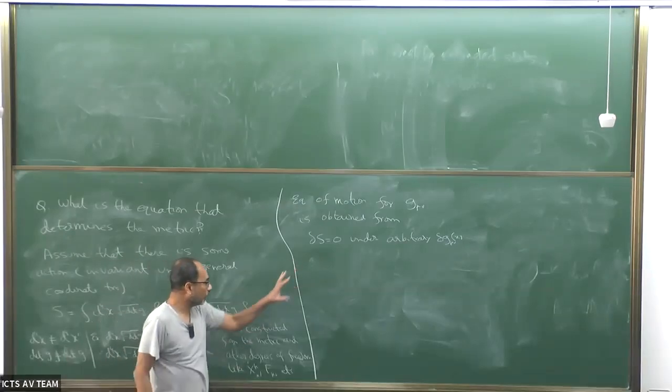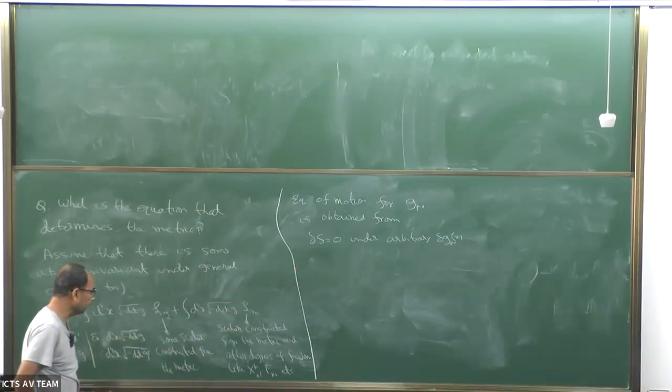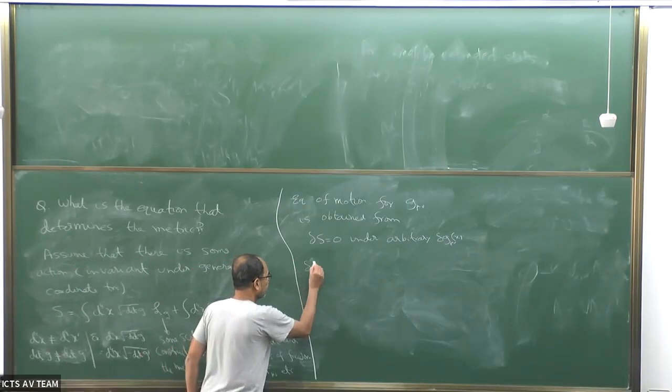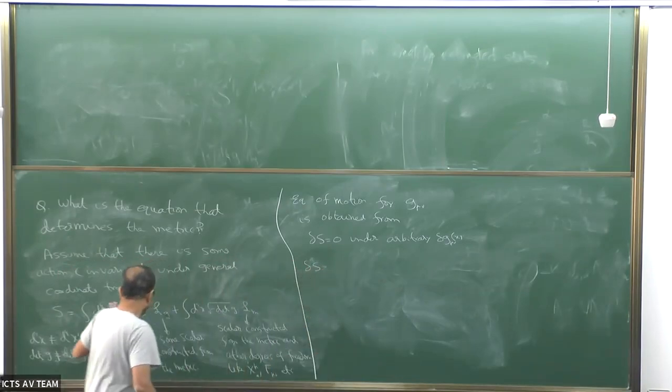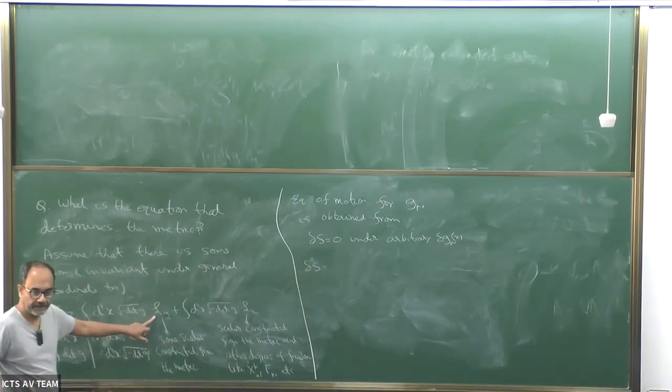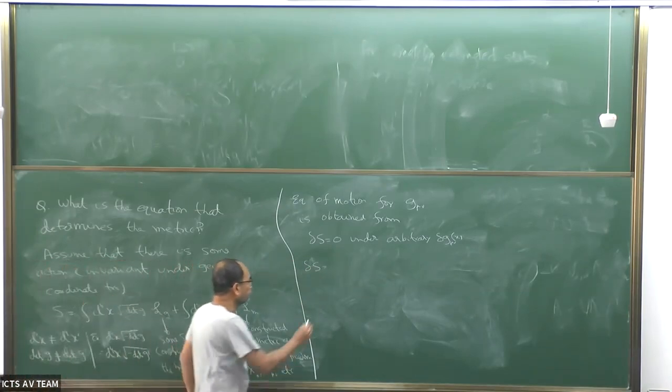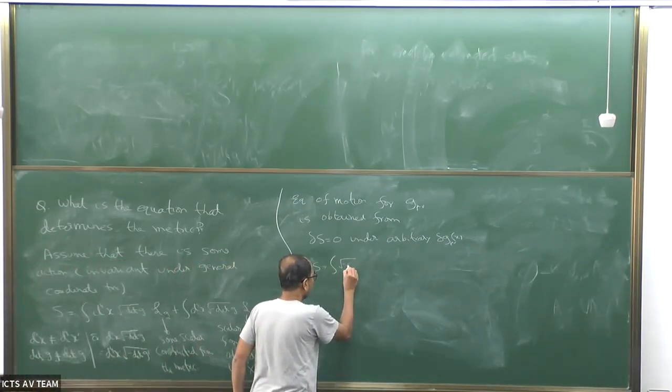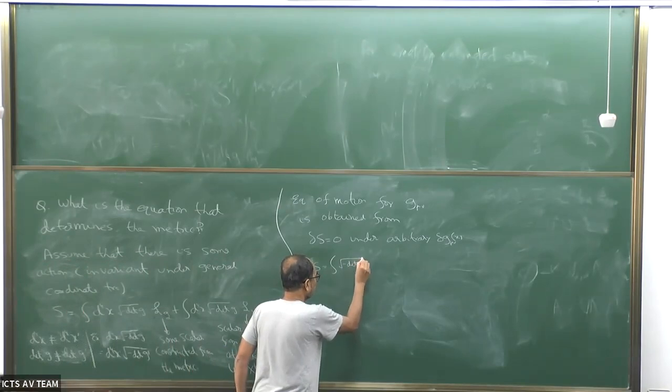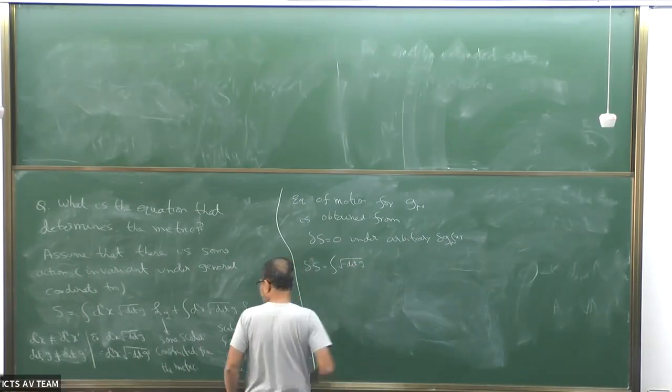So given this, what will be the general structure of delta S? When you vary with respect to the metric, this will have the form integral d4x square root of minus determinant g. This also has to be varied.